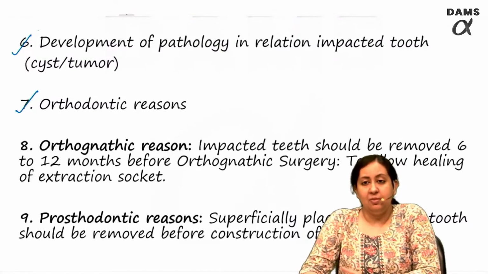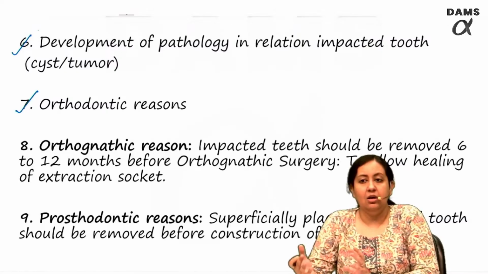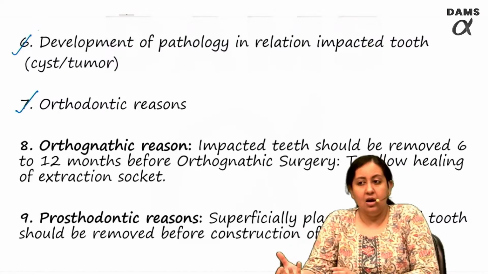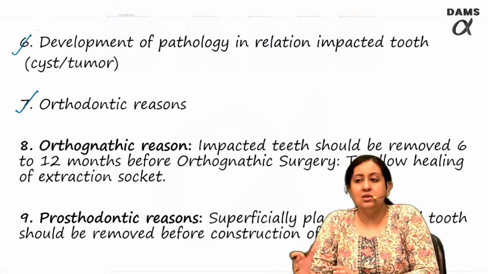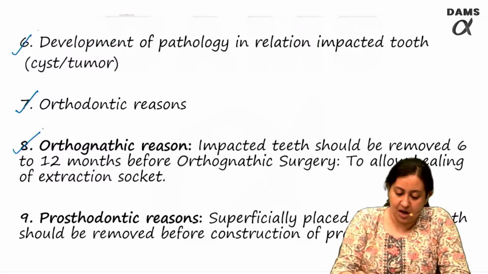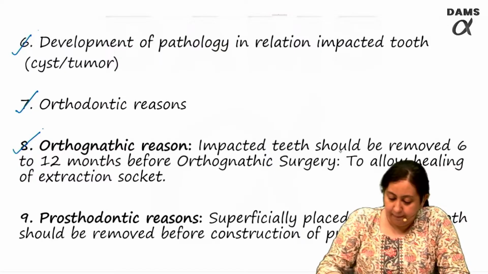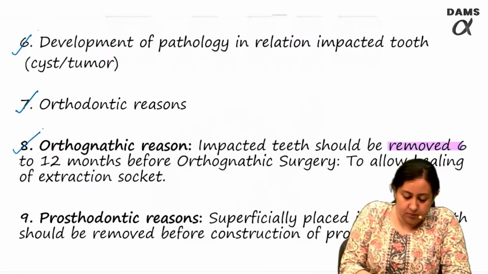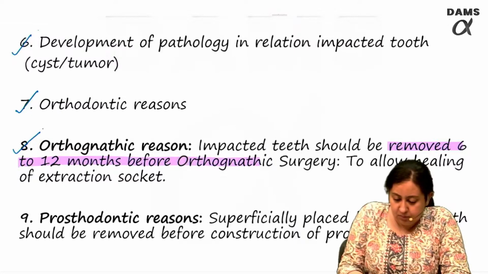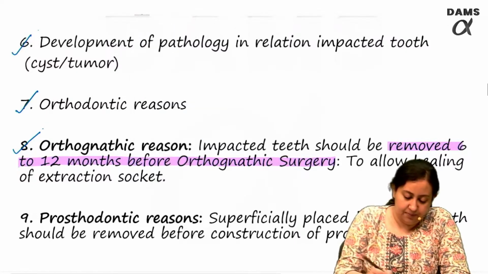If orthognathic surgery is planned 6 months from today and you remove the impacted tooth today, proper bone healing will happen in the duration of 6 to 12 months, and you can easily osteotomize your bones. So orthognathic reason, and this is a question: 6 to 12 months prior to orthognathic surgery.